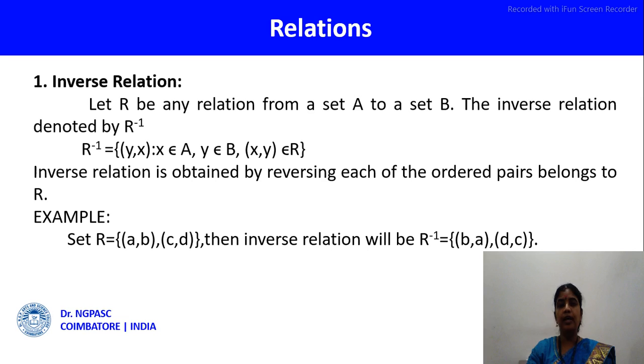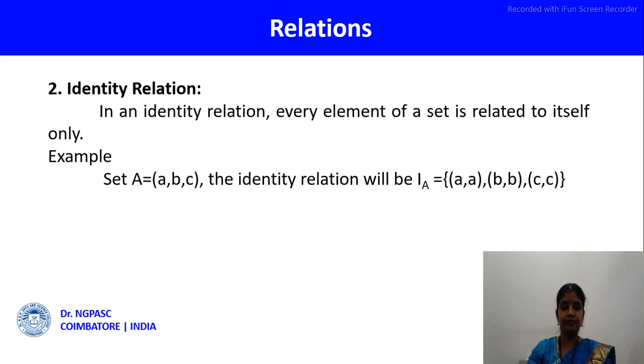That is, if (x, y) is in the relation, then (y, x) is in the inverse relation. See here, R equal to {(A, B), (C, D)} be a relation, then R inverse equal to {(B, A), (D, C)}.